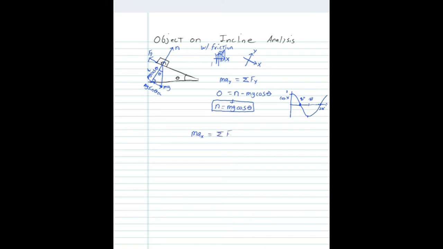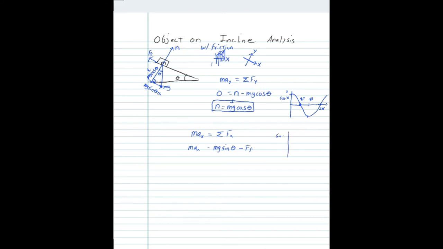Now, let's look at the x direction. In the x direction, I have this mg sine theta. That's trying to pull it down the surface, down the slope. And I have the frictional force. So if we think about it, the acceleration is going to depend on this mg sine theta.